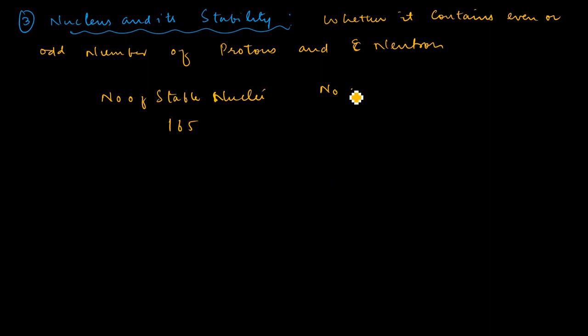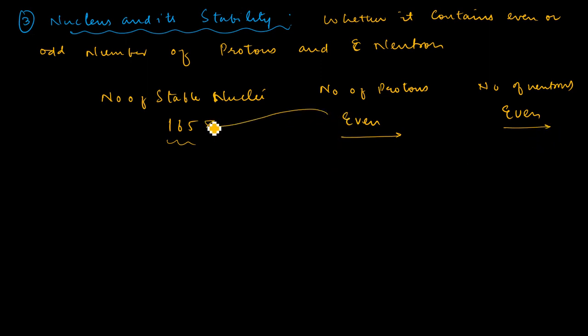If the number of protons is even and the number of neutrons is also even, when we checked it, out of the periodic table we saw there are 165 stable nuclei. Now if I make the proton number even and neutron number odd, what was found by this consideration is that only 57 nuclei were found to be stable.